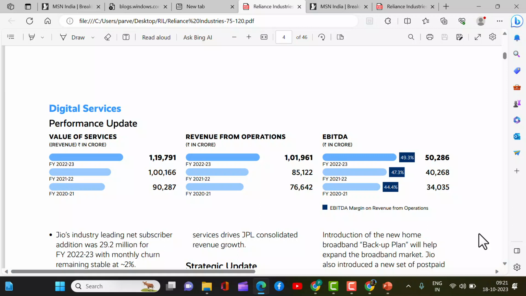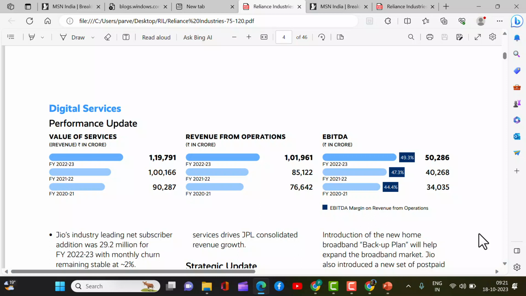Last year it was 47, then it was 44. So they have been consistently increasing their margins, and the profit is also going up from 34 to 40 to 50,000. So we find that Reliance digital services are doing very well. Their profits are improving, their sales are improving, their margins are improving. It's a good company.